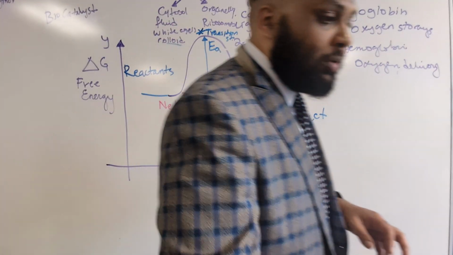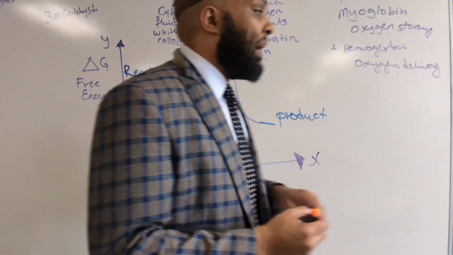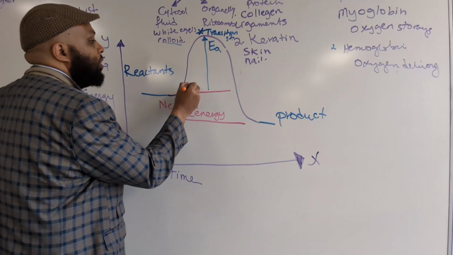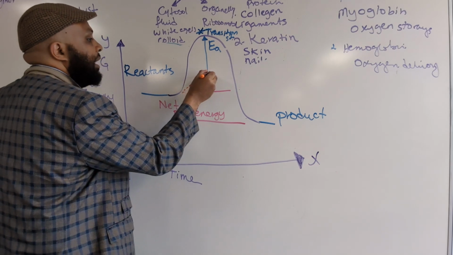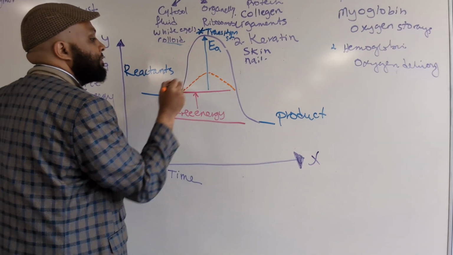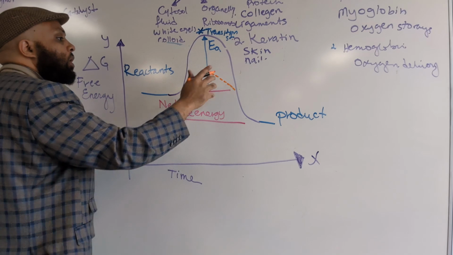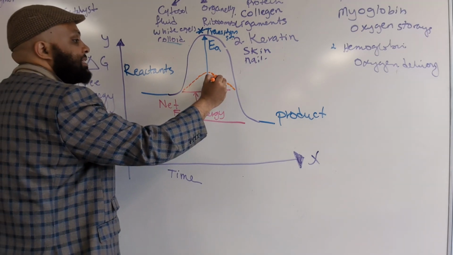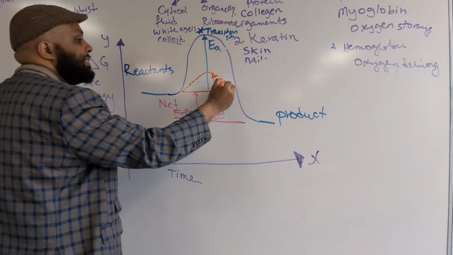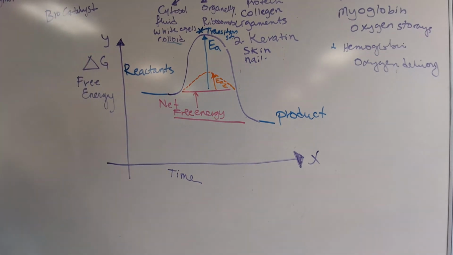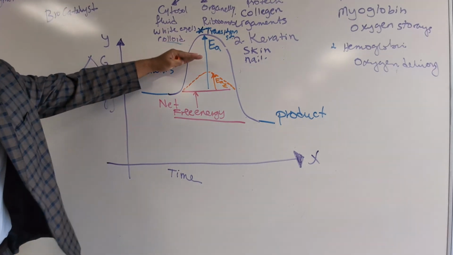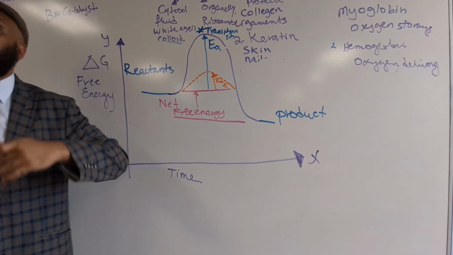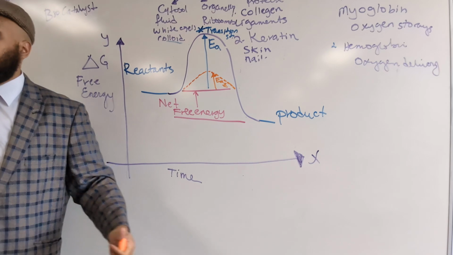What the enzyme will do is provide an alternative pathway where we go from reactants into products, and we lower the activation energy. The activation energy with the enzyme, EA prime, gets lowered, and that's what makes the reaction go really fast.